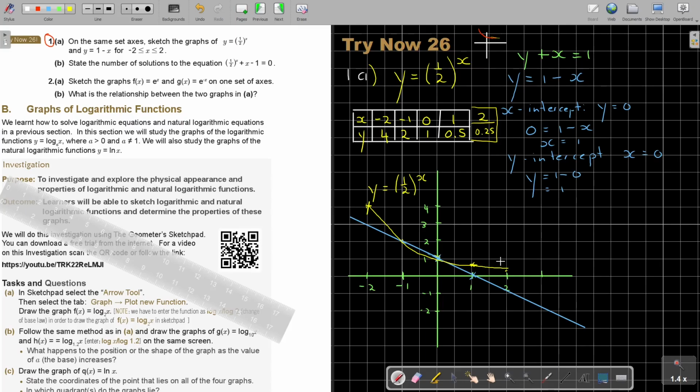This is supposed to cut at 2 places. But it was a bit challenging because this line was just touching it there. Because now, state the number of solutions. Did you see it again?